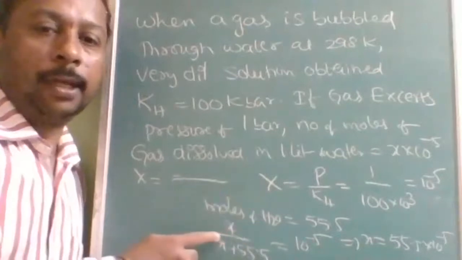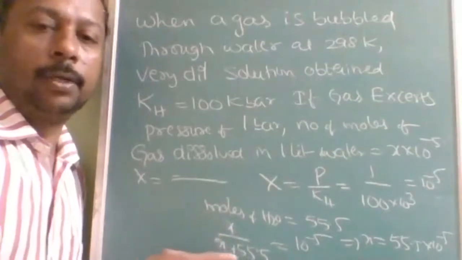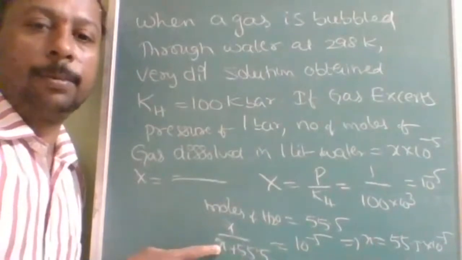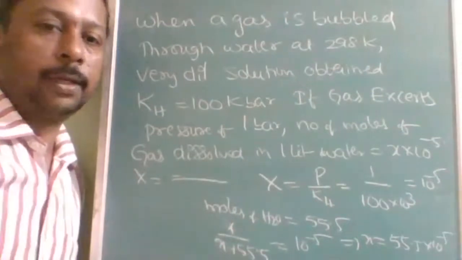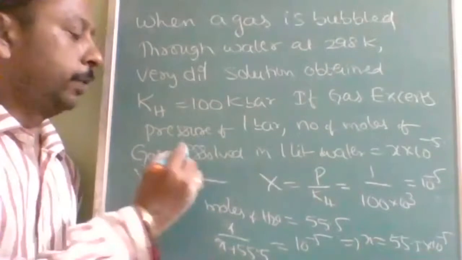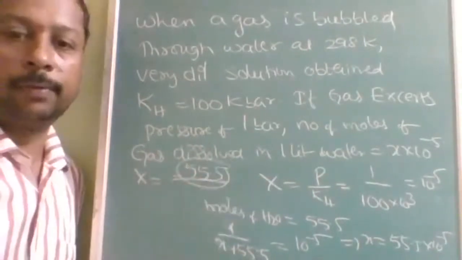In the mole fraction formula, moles of solute by moles of solute plus moles of solvent, already we know that it is a dilute solution. So x in the denominator can be neglected. So moles of solute is equal to 55.5 into 10 to the power of minus 5. Therefore, x is what? 55.5 is the answer.